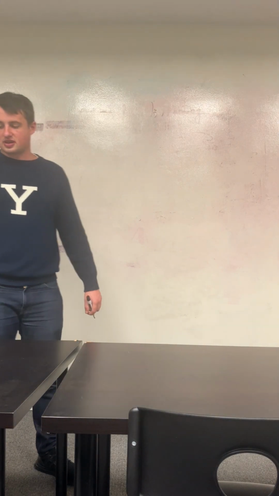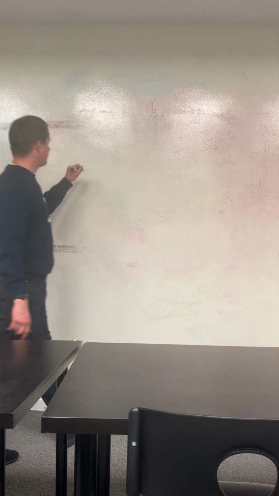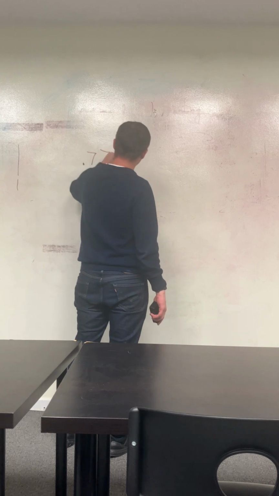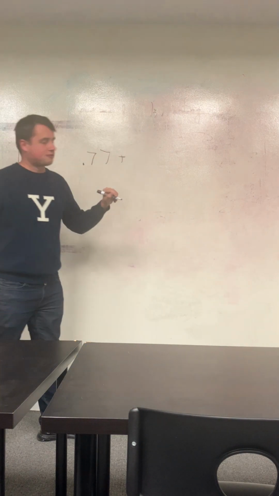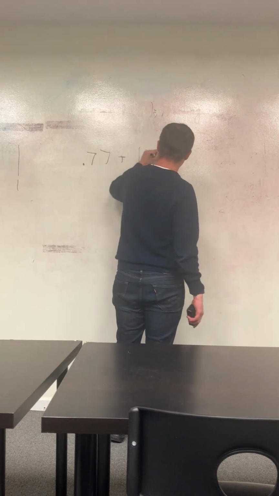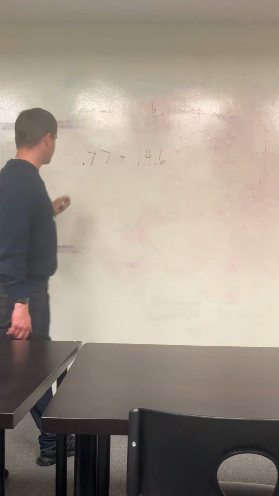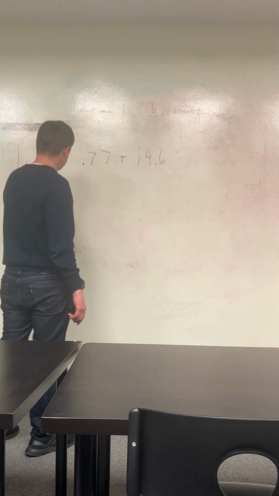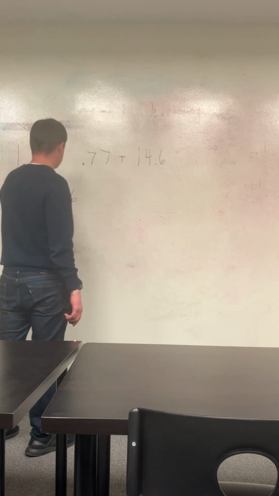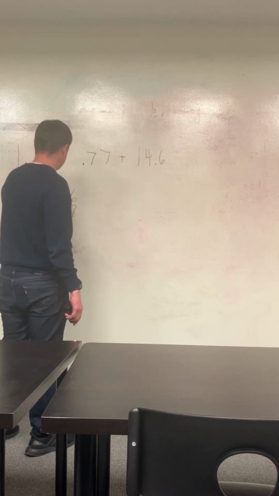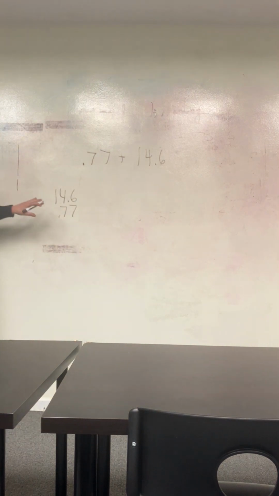So the most important thing to remember is to get everything lined up. For example, if I have 0.77 plus 14.6, I'm going to have to write this out, but what I can't do is say like this. This is wrong. That's really wrong.